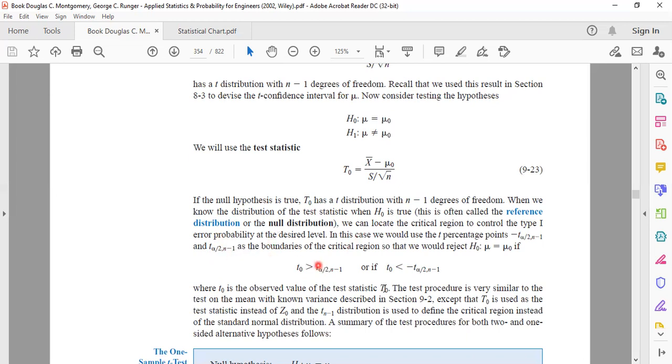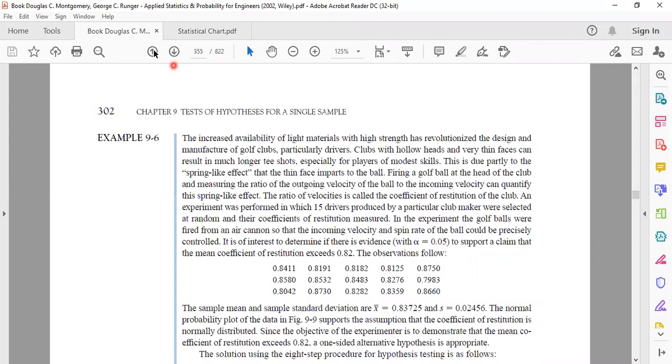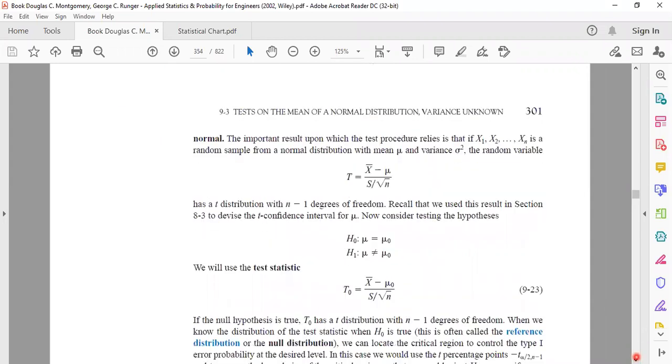And the critical region as before will fall when T naught exceeds this value on the positive side, or it is less than the value on the negative side. The analysis will be similar to the way by which we actually did it in case of large sample theory.